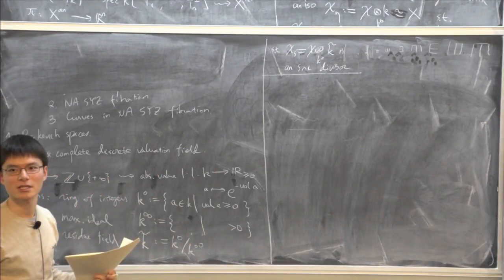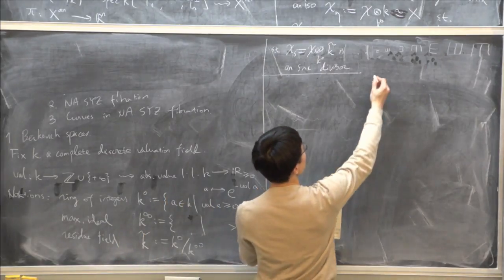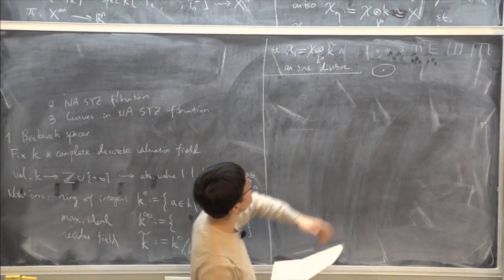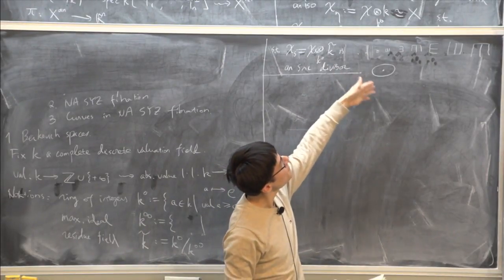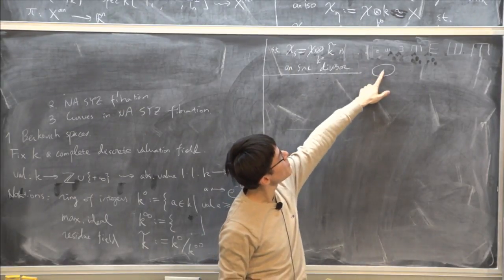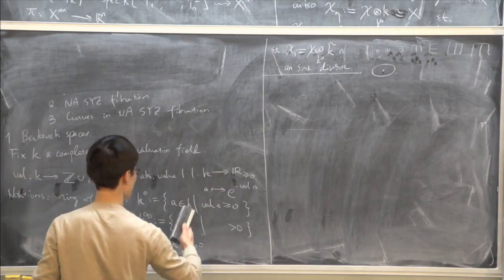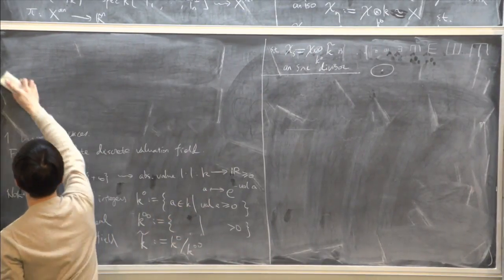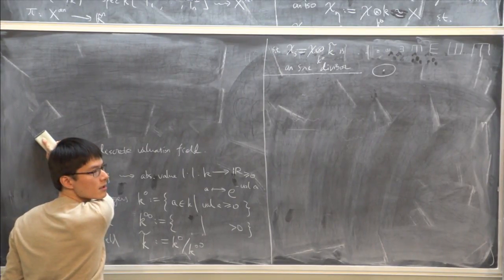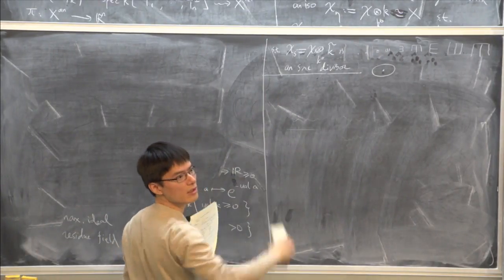You can think of K0 as a small unit disk, and X_eta is the fibers over the punctured disk, and X_S is the fiber over this 0 point.